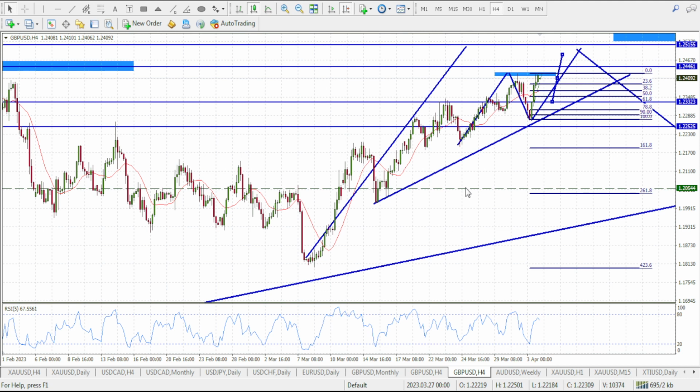Rules are rules, and discipline is discipline. If you are disciplined enough, and if you follow your rules, and if you are eager to learn something, then I'm sure you will learn this whole process very, very soon. You will become better traders, you will take better trading decisions professionally.